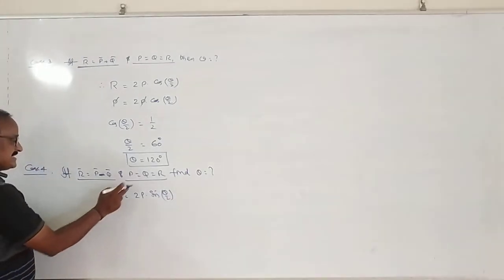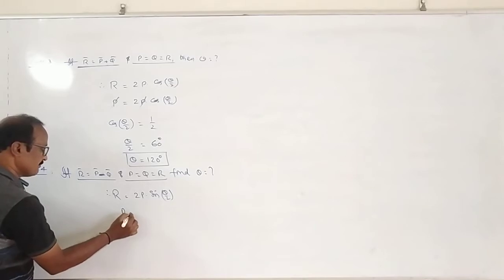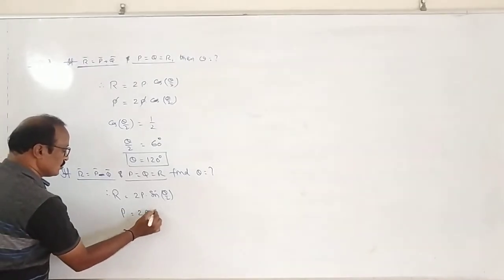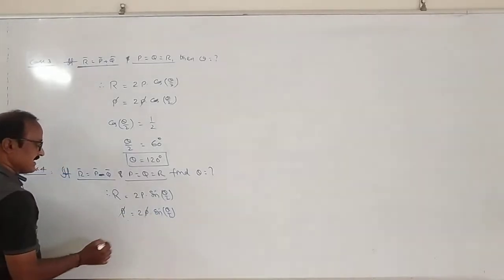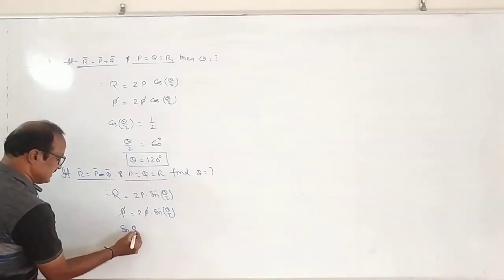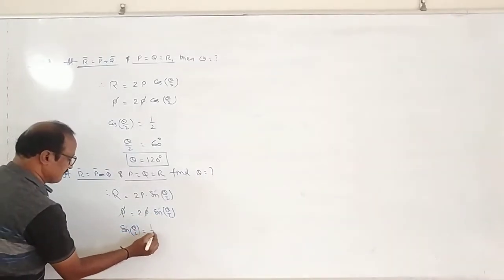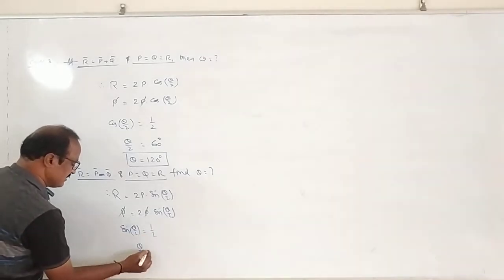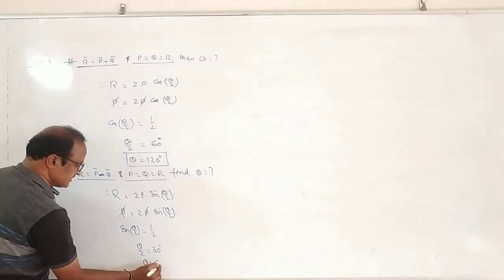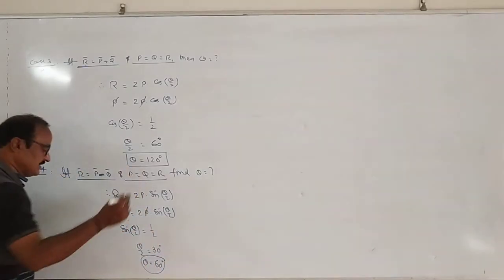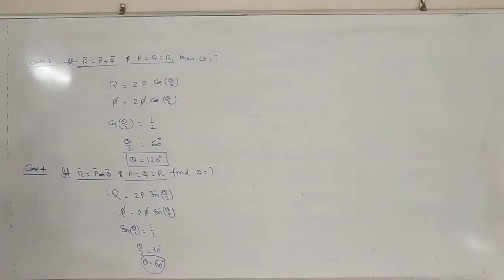Again R is replaced with P. So P is equal to 2P sin theta by 2. Here P and P cancel. Now sin theta by 2 is equal to 1 by 2, and here theta by 2 is equal to 30 degrees. So theta becomes 60 degrees. The angle between the two vectors is equal to 60 degrees.